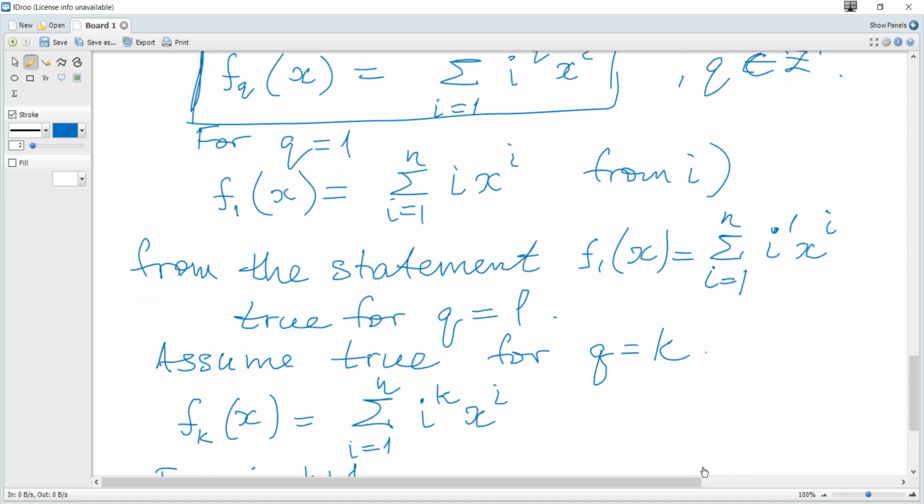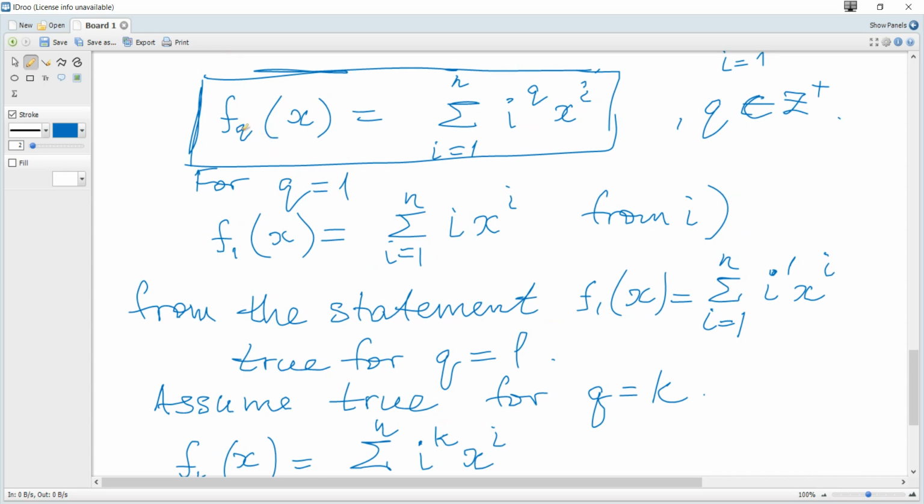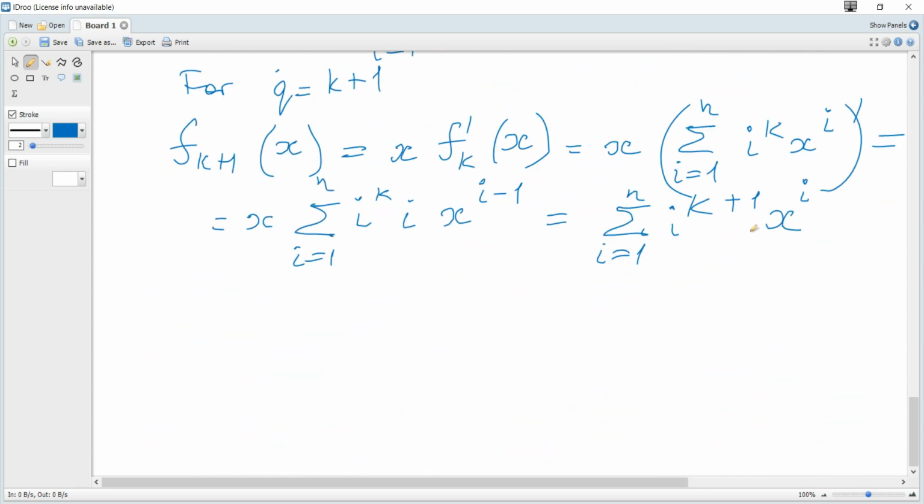And let's compare. When q is k plus 1, it must be i to the power of k plus 1 x to the power of i, so we can see that it's true, so it's true for q is k plus 1, and that's all, and we write the conclusion as usual.